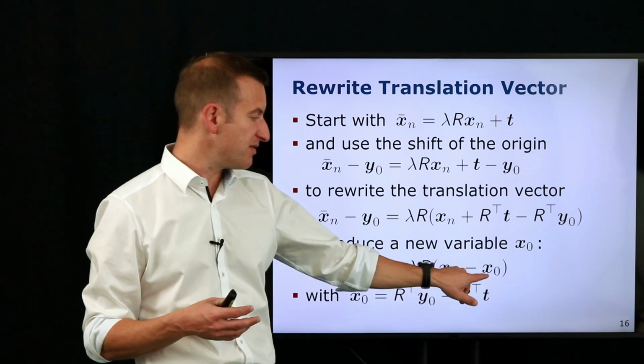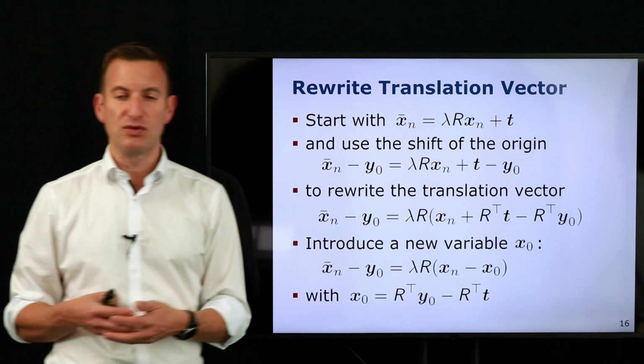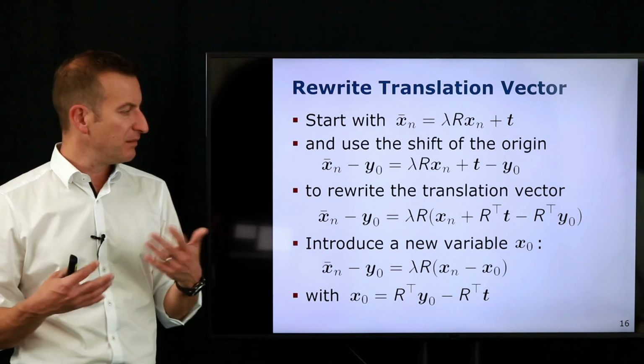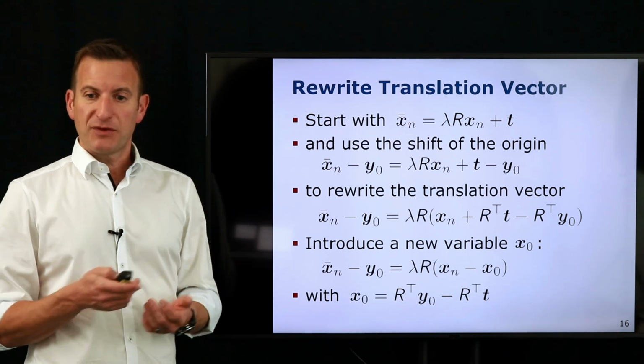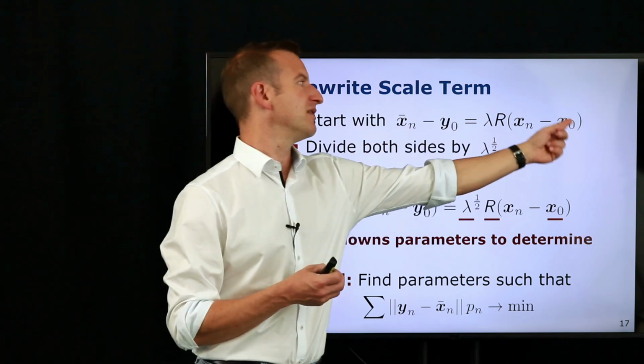So I now want to estimate this x0, and if I have x0, it's clear that I can retrieve the translation vector. I do this because it allows me to do some of the manipulations later on in an easier way. Okay, so having done that, we can rephrase our problem as this problem over here.